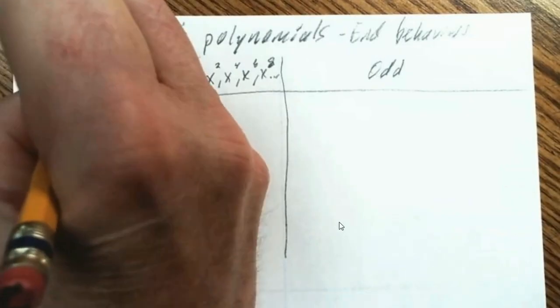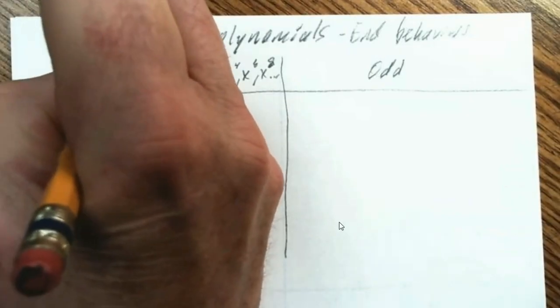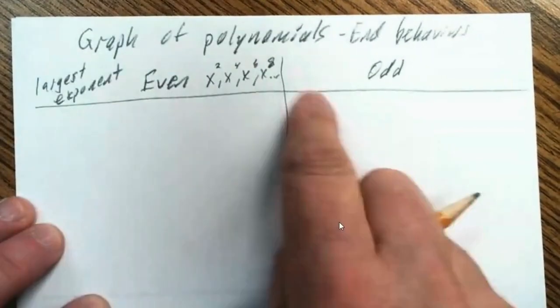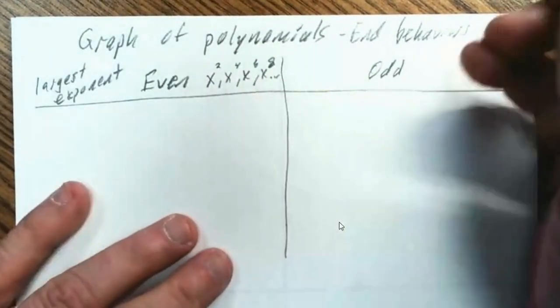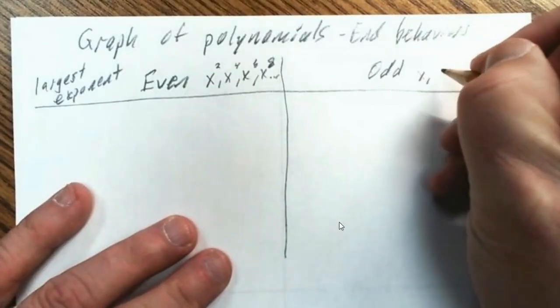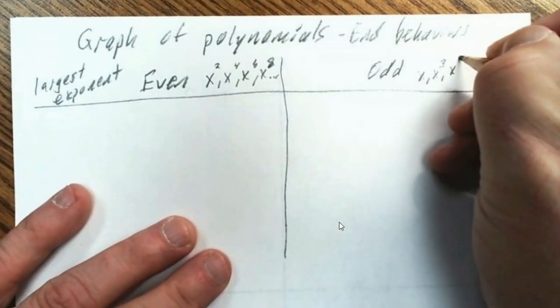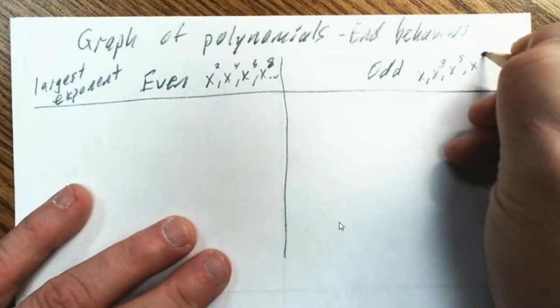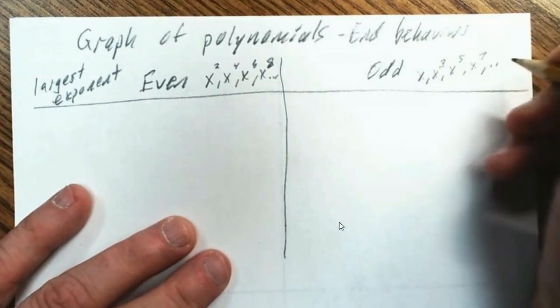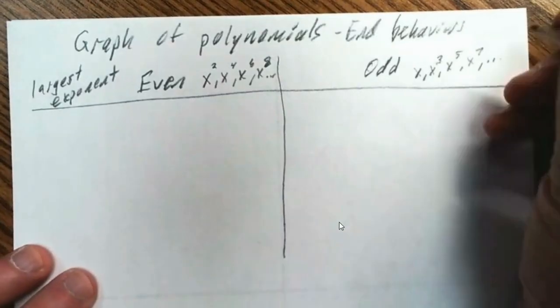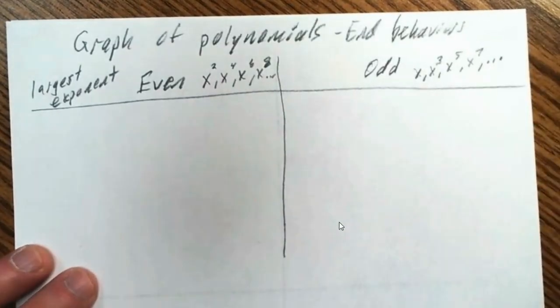Put that in our notes just to make sure we're all clear. Largest exponent is even. Or if it's odd, it's x to the third. It's x to the fifth. It's x to the seventh, et cetera.